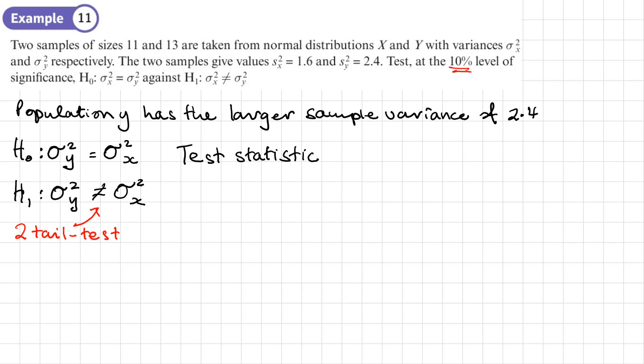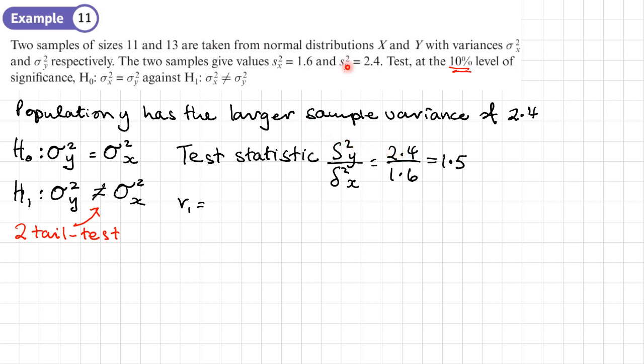Now I'll calculate my test statistic, which is going to be the larger sample variance divided by the smaller sample variance. So 2.4 divided by 1.6, that's going to be 1.5. I'm going to work out my degrees of freedom. So nu1 is from the sample that gives the larger variance.